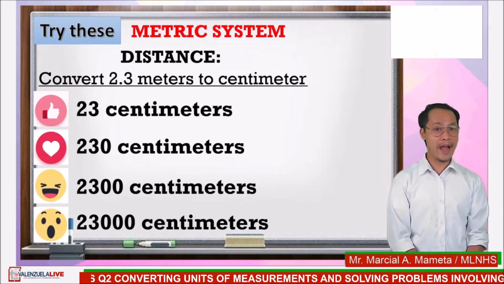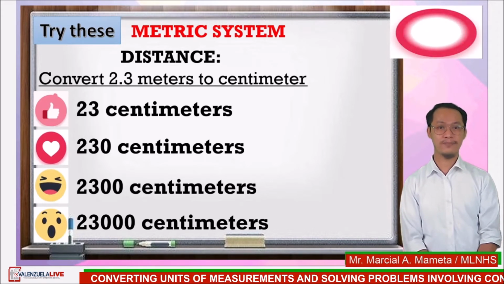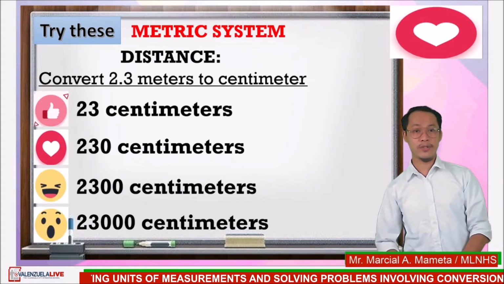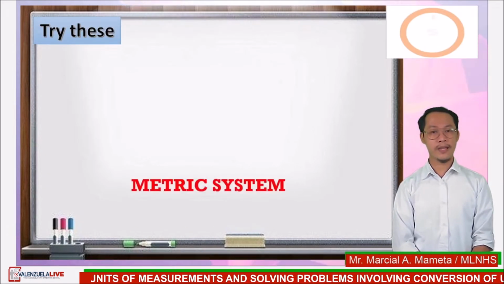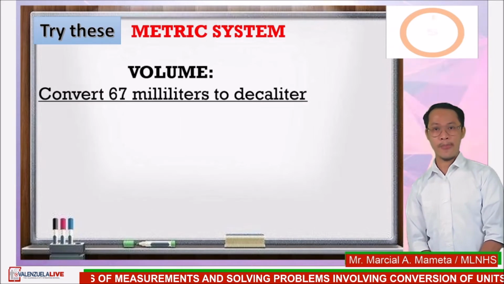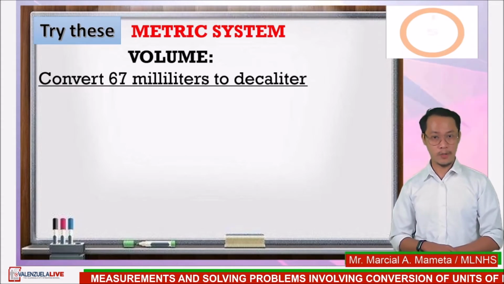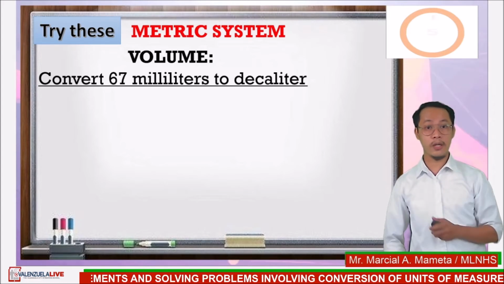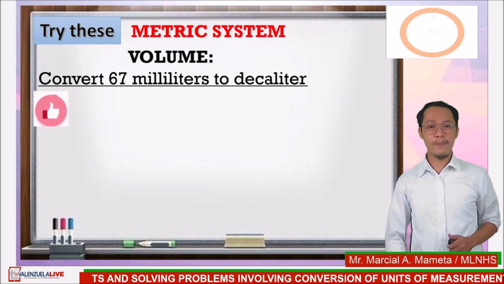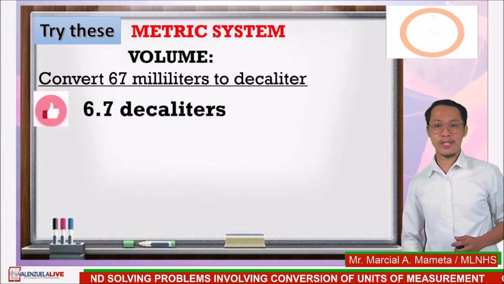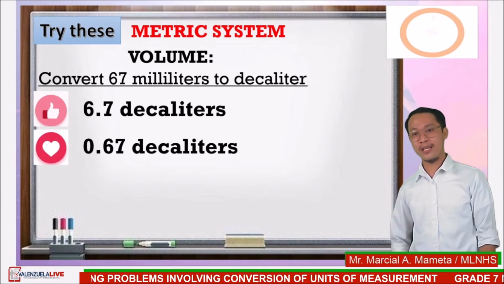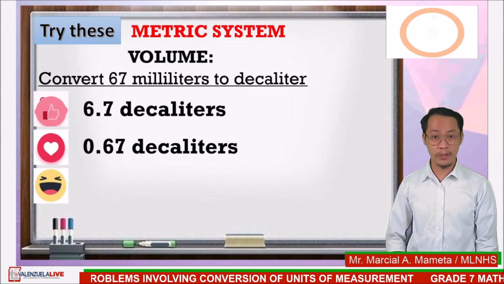The correct reaction button is the heart button, 230 centimeters. Next, metric system again. This time, volume. Convert 67 milliliters to decaliters. Hit like if your answer is 6.7 decaliters. Hit heart if your answer is 0.67 decaliters.